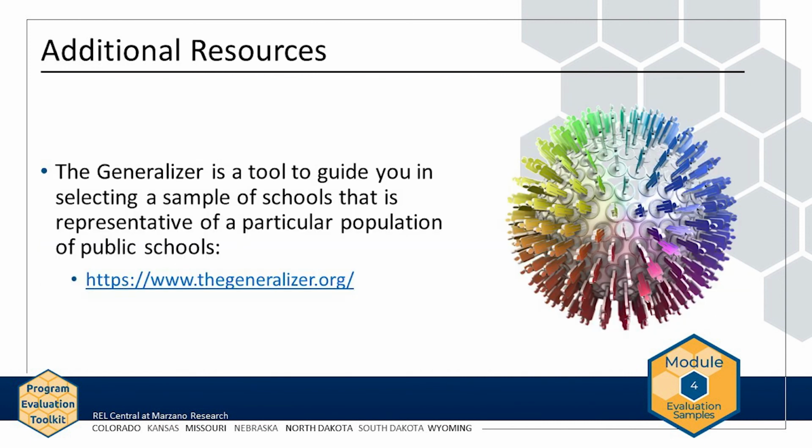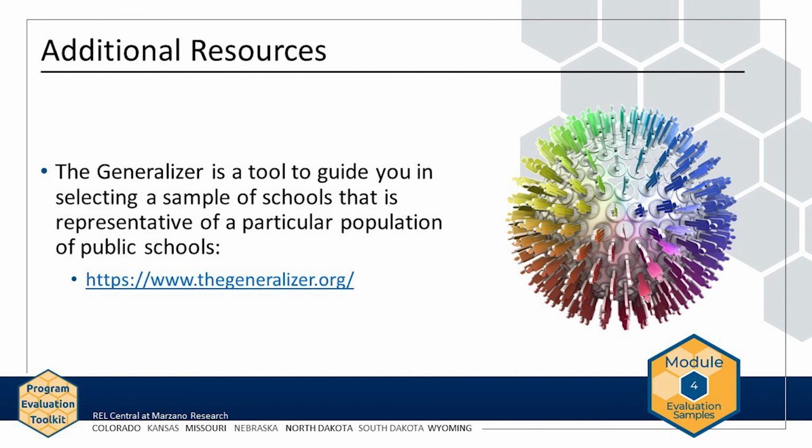For more information on generalizability, you can follow the link here or on the resource page to the Generalizer. The Generalizer is a tool to guide you in selecting a sample of schools that is representative of a particular population of public schools. It can also help you to determine how well the results of a completed evaluation might generalize to a particular population of interest.